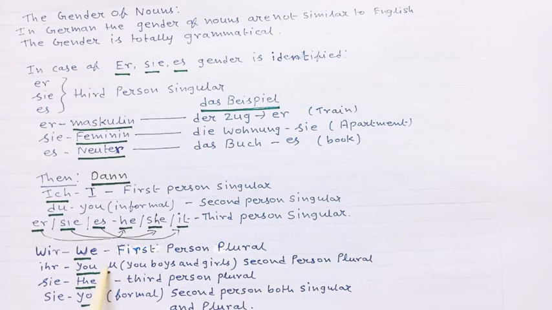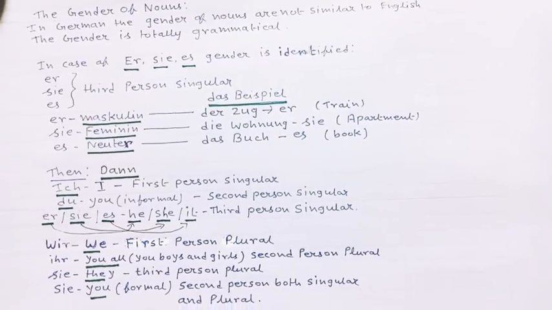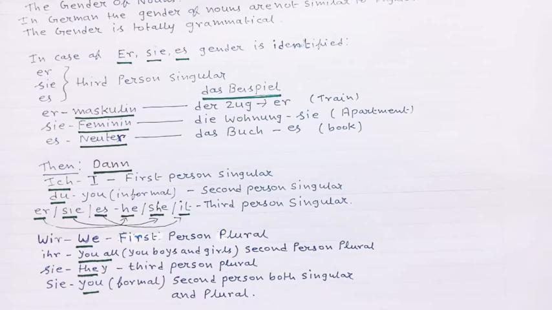Ihr, you all, you boys and girls, second person plural. Sie, they, third person plural. And this is called Groß-Sie or large Sie, you, formal, second person, both singular and plural.